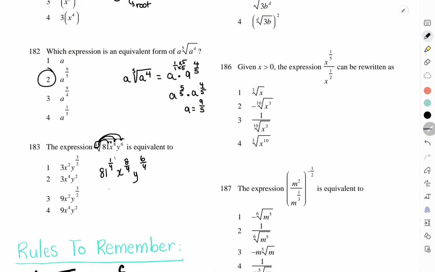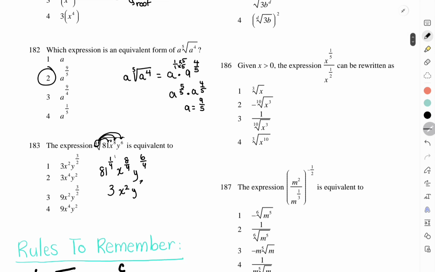And then when you simplify this, 81 to the 1/4 is 3, x, so then you have 8 over 4 is just 2, y to the 6 over 4 is y to the 3 over 2, and our answer choice that matches is answer choice 1.